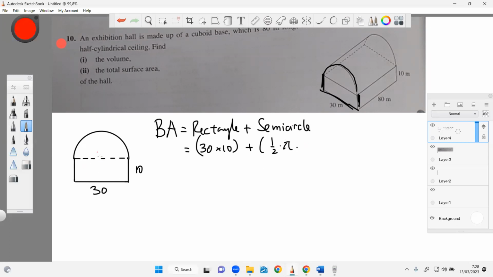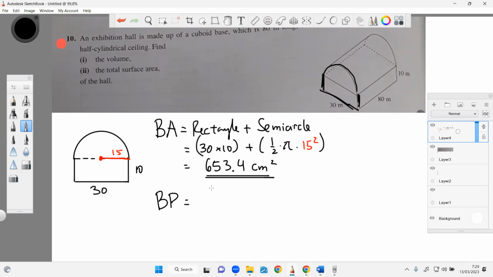If this is 30, this is also 30, and the half of it would be 15. So pi r square, the formula of a circle. What's the answer? 653.4 centimeter square.